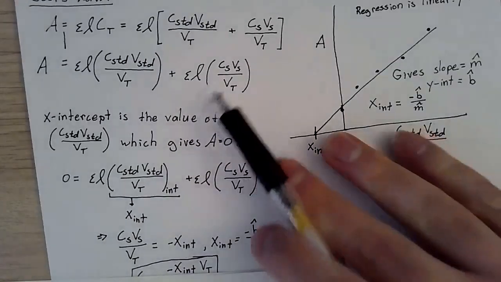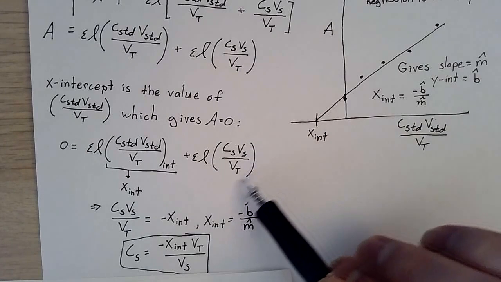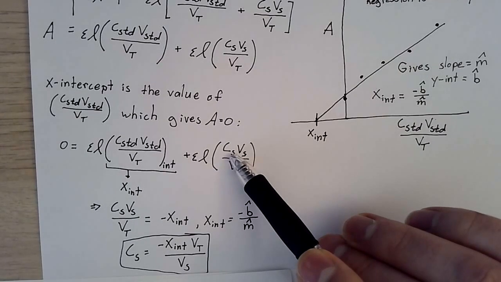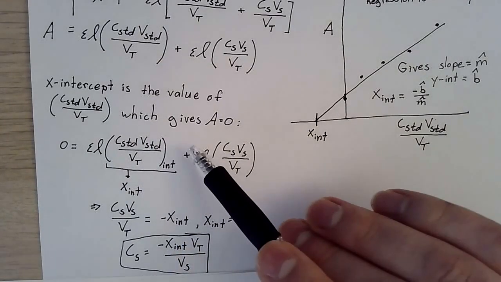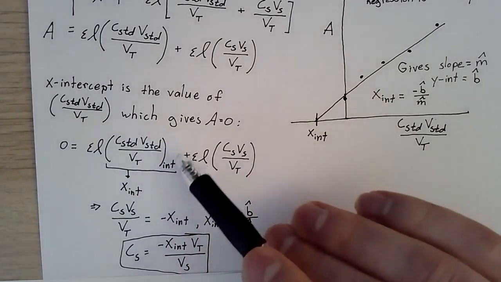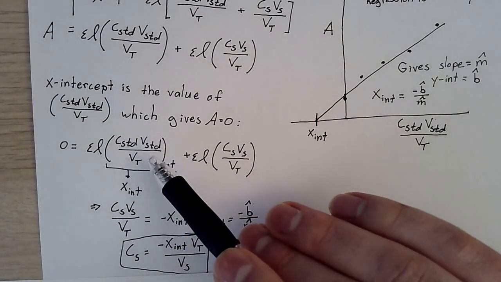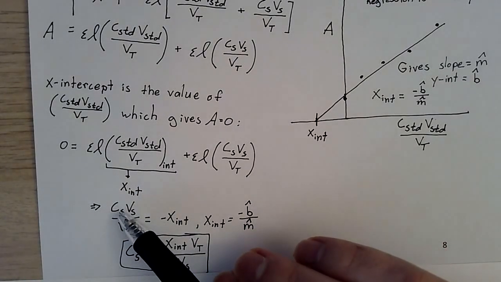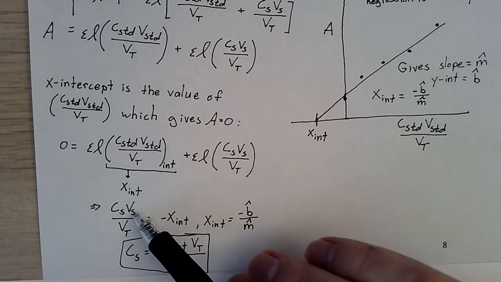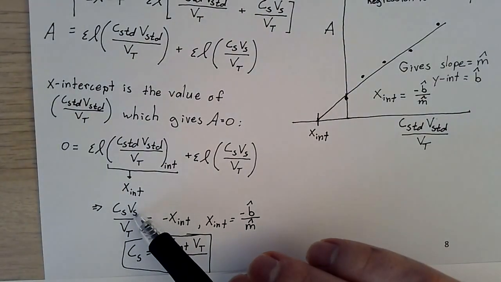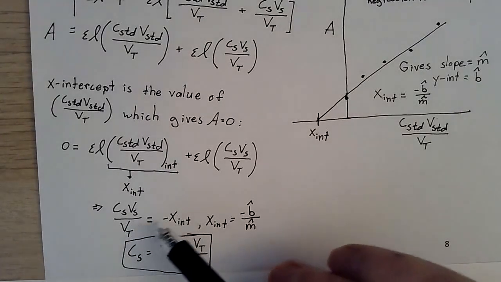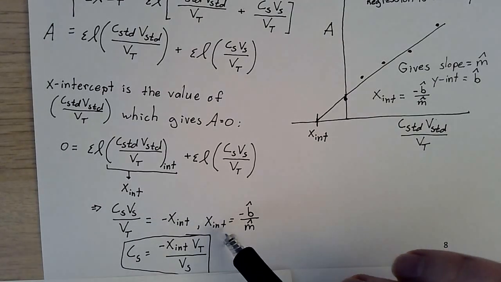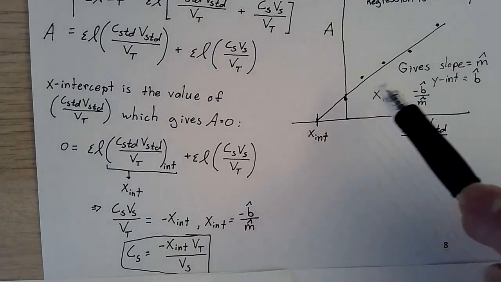So solving for this guy here that contains our concentration in the sample solution, making the substitution that this in parentheses is the x-intercept, we obtain this equation here, that the concentration in the sample solution, times its volume added to each container in our series, divided by their total volume, equals negative of the x-intercept. Where we note that, again, the x-intercept is equal to this, like we saw over here.